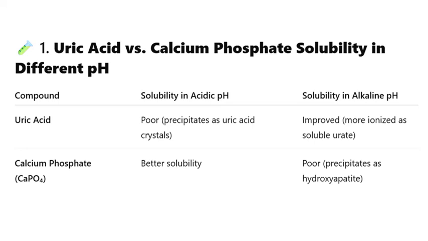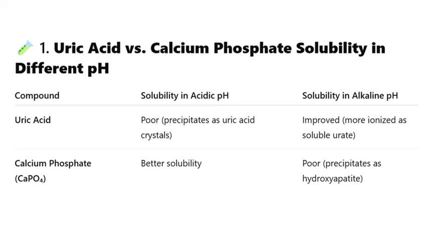So, what does a pKa of 5.4 mean? The pKa is the pH at which half of the molecules of a substance are in their acidic form and half are in their conjugate base form. For uric acid, a pKa of 5.4 means that at a pH of 5.4, half of the uric acid is in the protonated, neutral form, and half is deprotonated, its ionized, more soluble form.